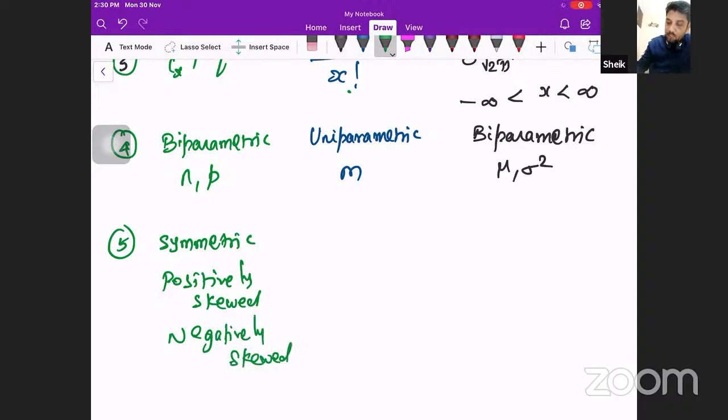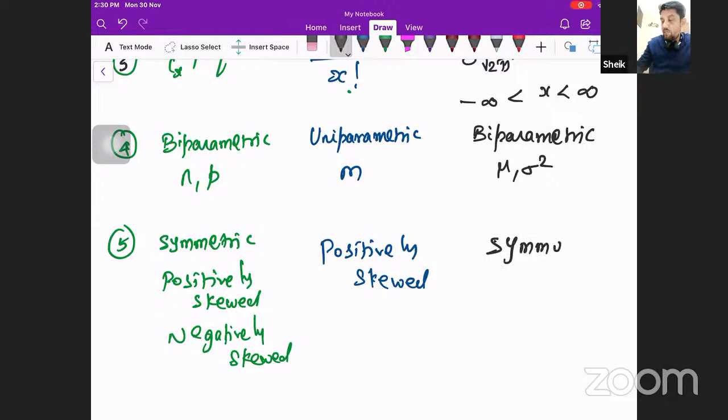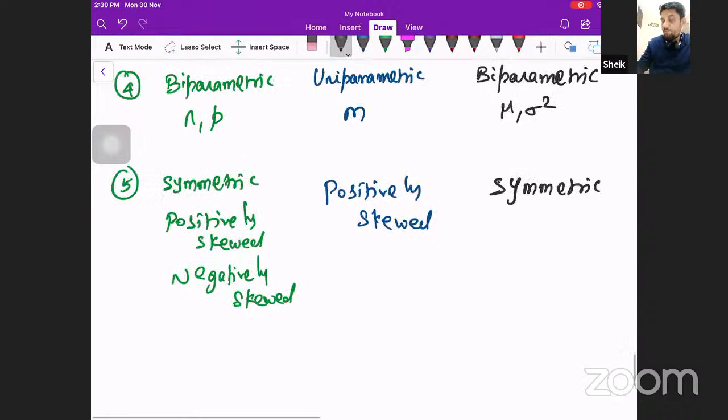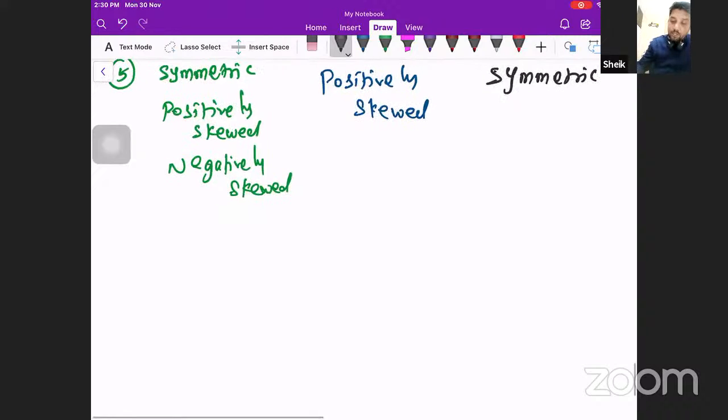Whereas Poisson distribution is strictly positively skewed. Whereas normal distribution is strictly symmetric.